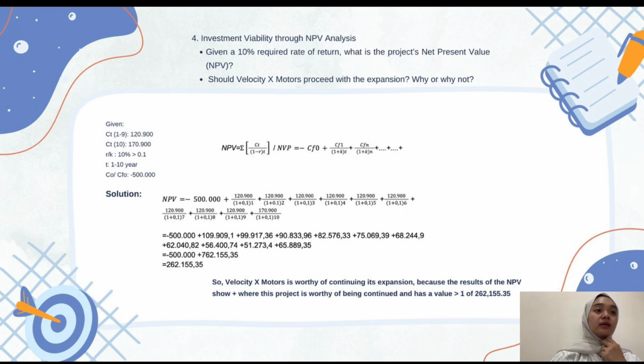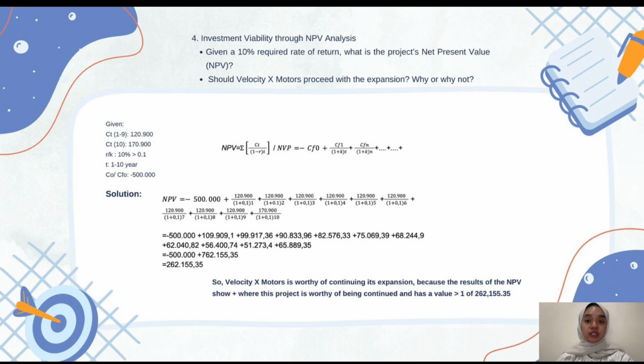With a tax rate at 10%, calculating for years 1 to the last year, year 10, with an initial value of 500,000 rupiah, thus producing a financial value of 260, producing a final value of 262,155.35.